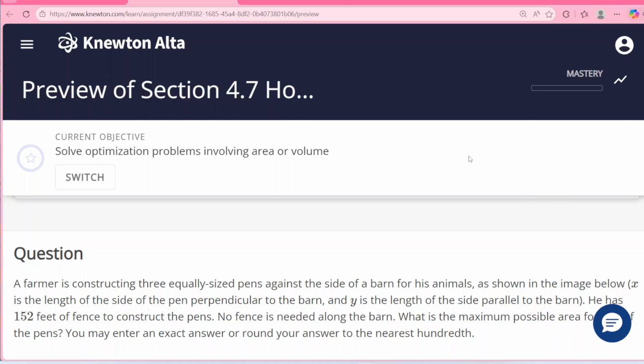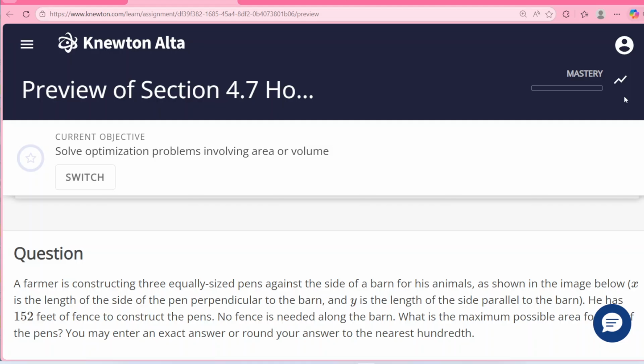All right, so here we are at Knewton Alta's site, and this is a preview of the Applied Optimization Problems assignment, which for this particular course I'm in is section 4.7. In the upper right-hand corner, you should see a mastery bar. This tells you how far along you've gotten in the assignment.